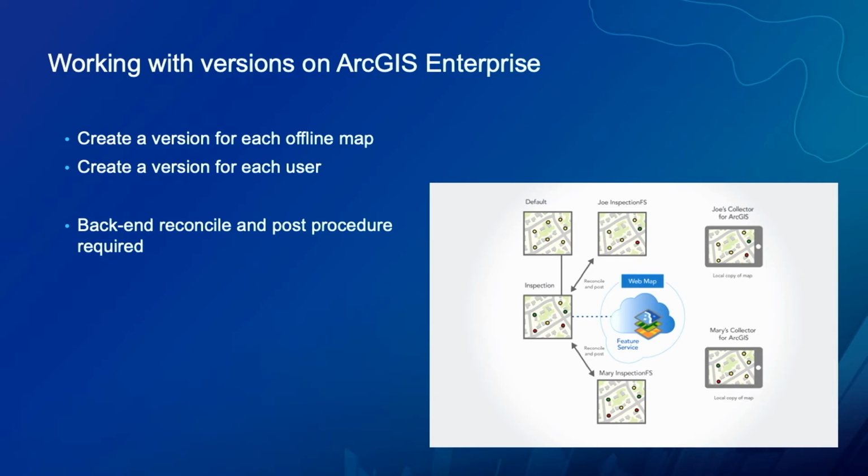Specifically when it comes to versioning, we recommend you create a version for each offline map, and you create a version for each offline user, so that every user who's taking their data offline has a unique version backing it on the server, and then you have to do your back-end reconcile and post from the various branches.